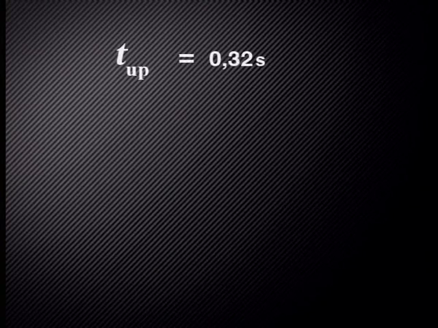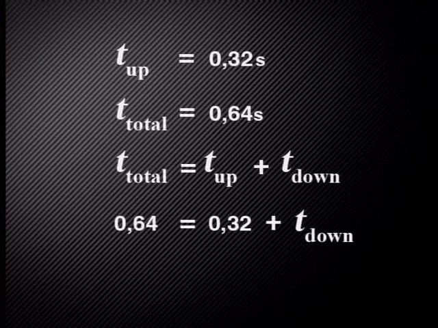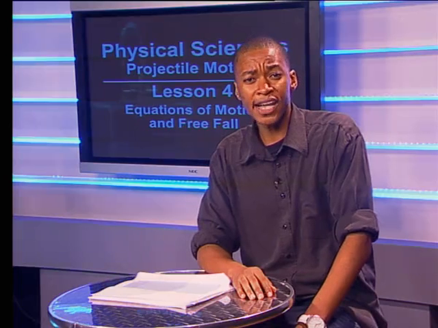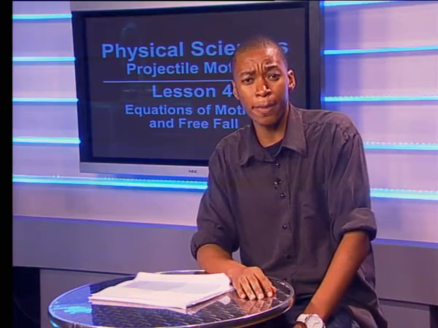If the time to reach the top of the motion is 0.32 and the total time is 0.64, the time taken for the ball to move from its highest position back to its original position must then be 0.32 seconds as well. Scie has helped us calculate quite a few things about the ball that Legend threw up.